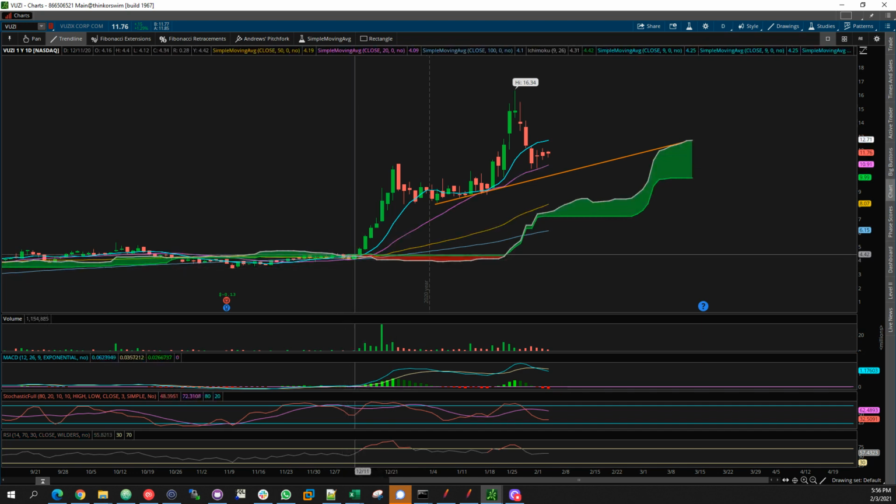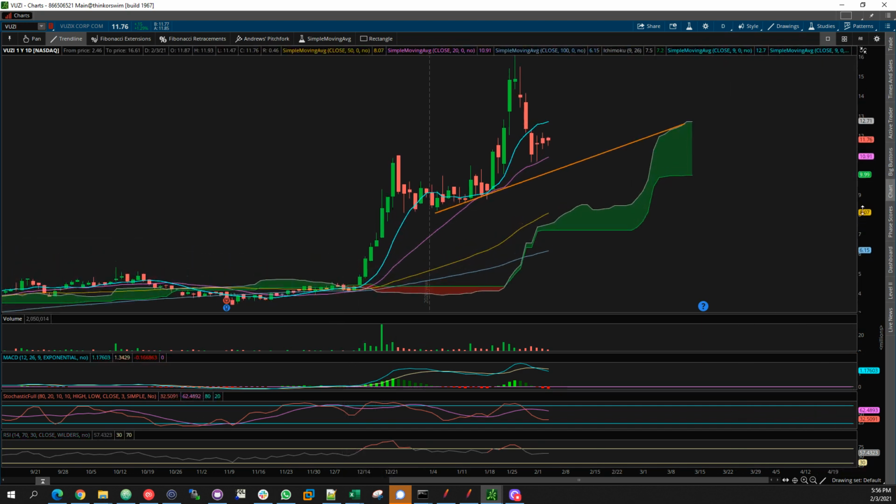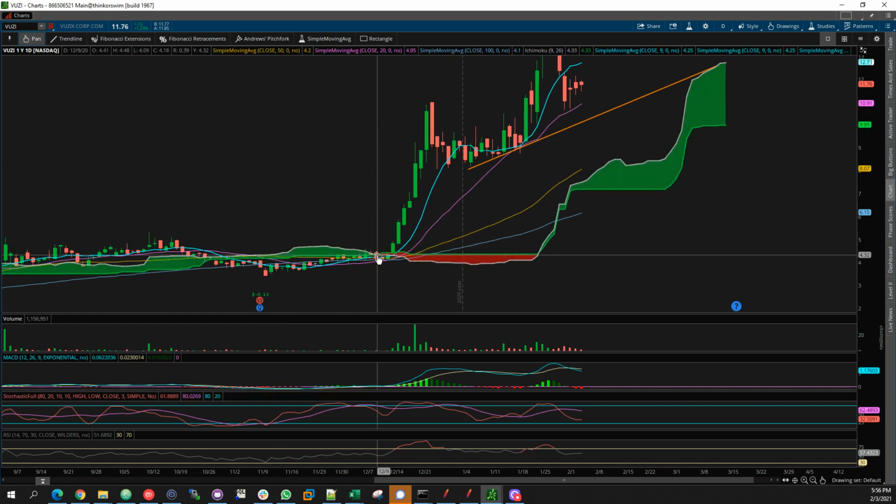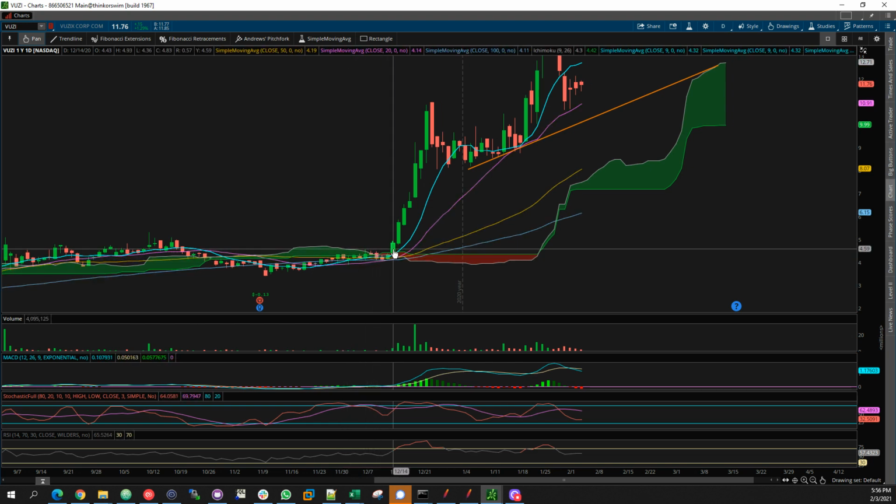So, buying this from here, the cloud, this is why I just talked about VROM or VRM just a second ago. I said, the cloud rip above the moving averages, MACD, stochastics, RSI. This is where you buy and you make, out of $4, 100%, 200%, 150%.